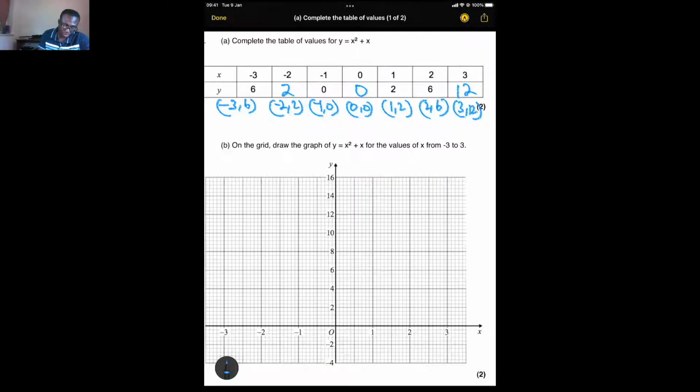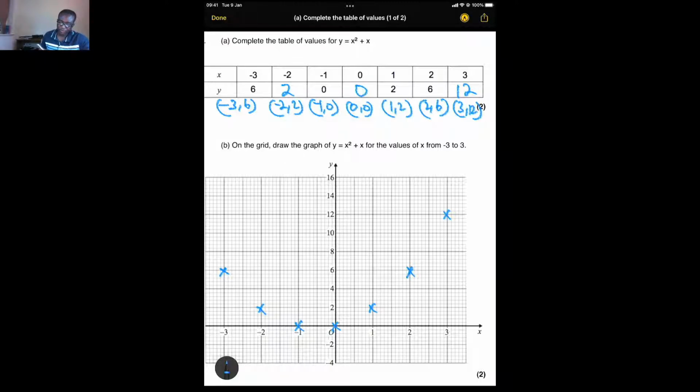So go along the corridor, -3, up the stairs is 6. Along the corridor, -2, up the stairs is 2. Along the corridor we've got -1, and up the stairs is 0, so it's just 0 on it. And then 0, 0. Then we've got 1 and 2. We've got 2 and 6. And then we've got 3 and 12.